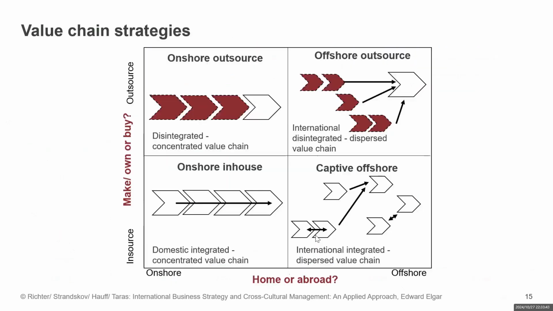So with the different types in mind, companies would have different options in terms of GVC strategies. If a firm follows an onshore outsourcing strategy, it leaves the less value-creating activity to other firms in the home country, and concentrates on those functions and tasks where it has competitive advantages.